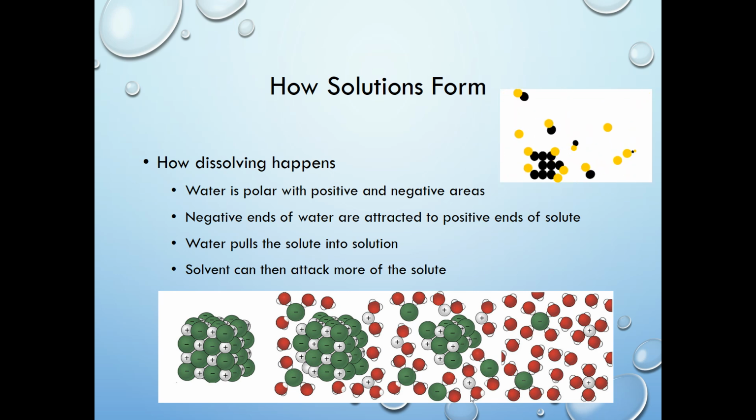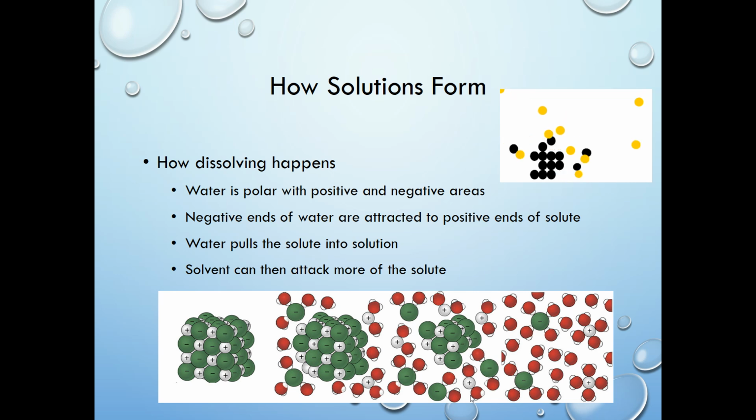When you have a solid solute and you put it in water, especially if it's a polar or an ionic material, when an ionic material dissolves in water, water will surround the material, and the negative oxygens will be attracted to the positive cations.